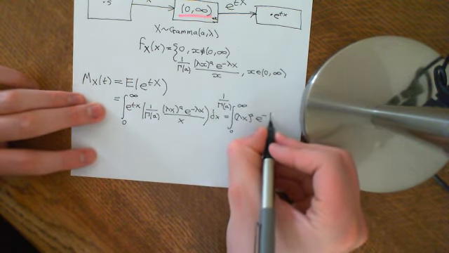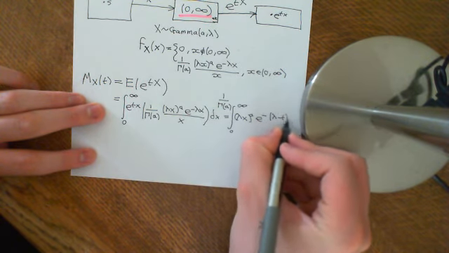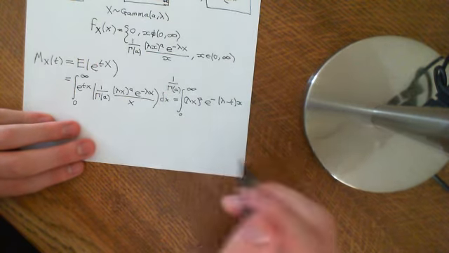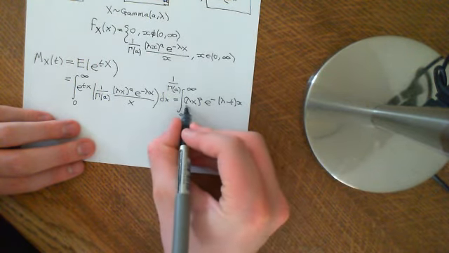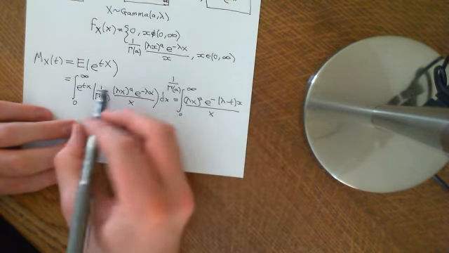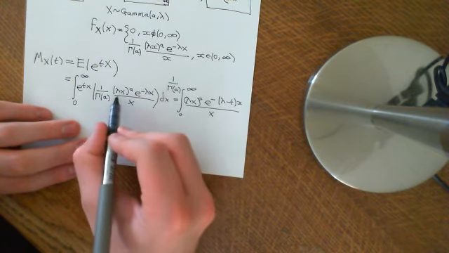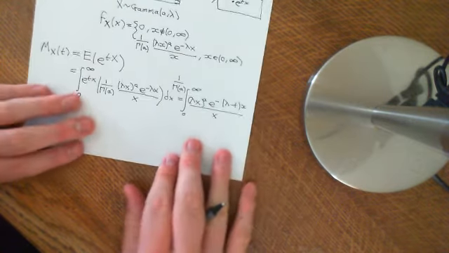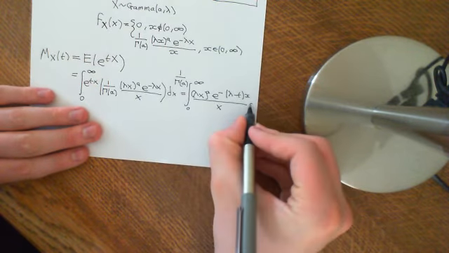We'll have negative (lambda minus t) times x, and I do apologise, I'll pull this out here. Right, okay, and then we've still got our 1 over x. Is that everything? So that's done, this is done, this is done. The 1 over gamma of a is right at the front, so let me just complete it by putting the dx there.